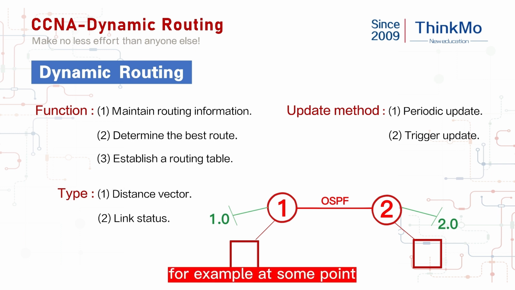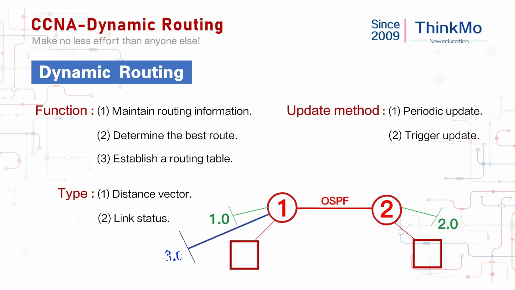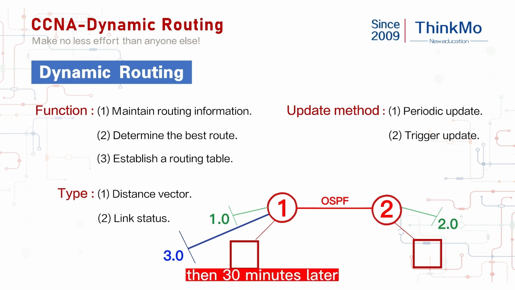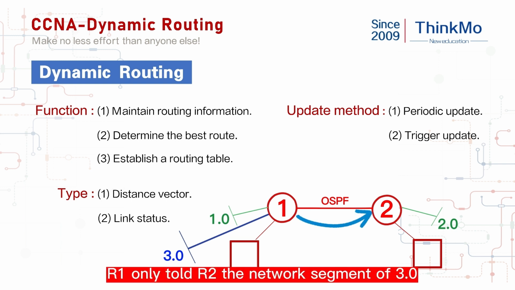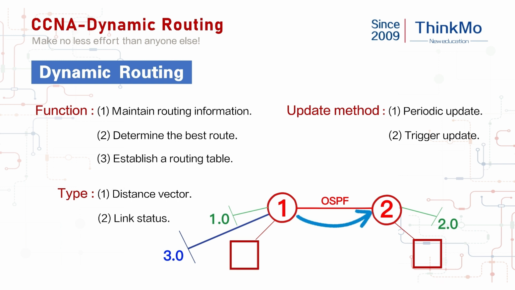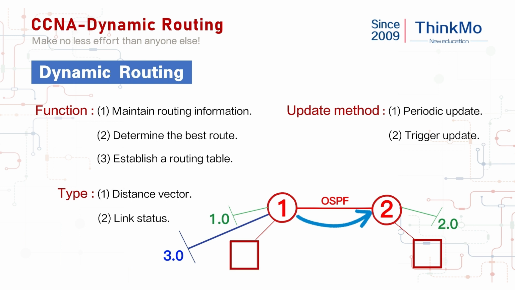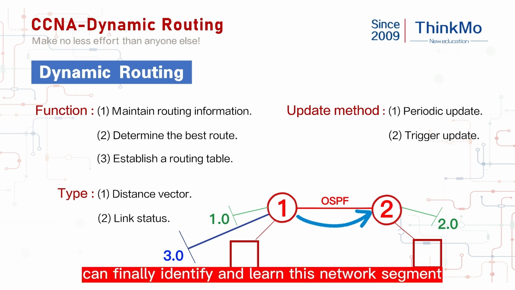For example, at some point a 3.0 network segment comes to R1. Then 30 minutes later, R1 only tells R2 about the 3.0 network segment. This is too slow. Until then R2 cannot identify and learn this network segment.